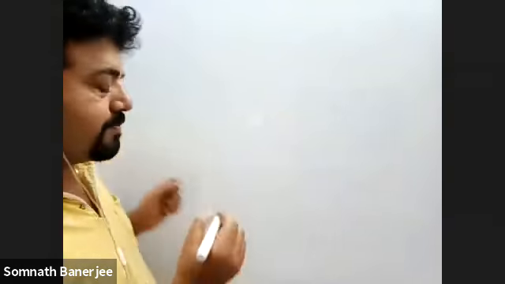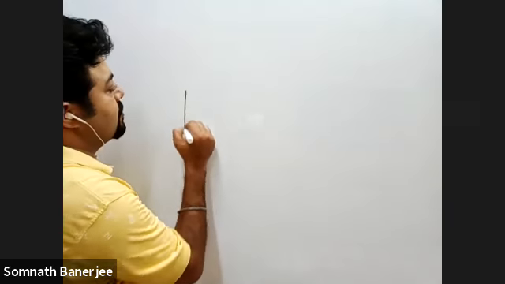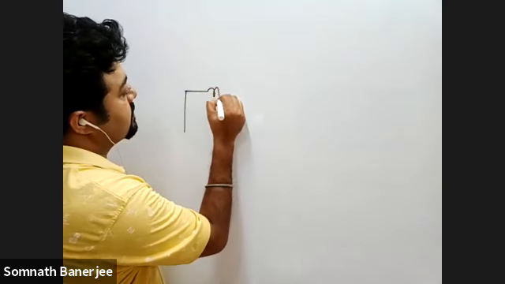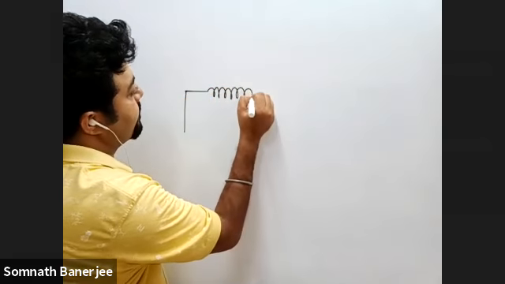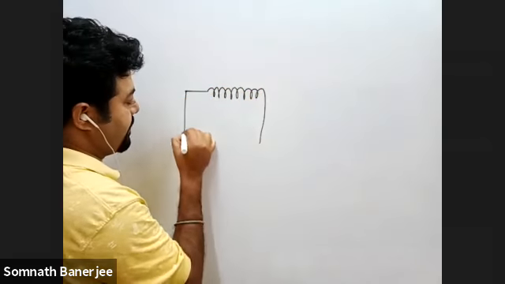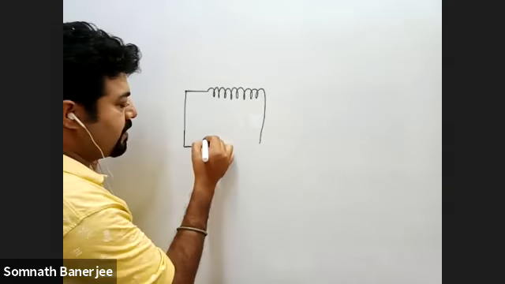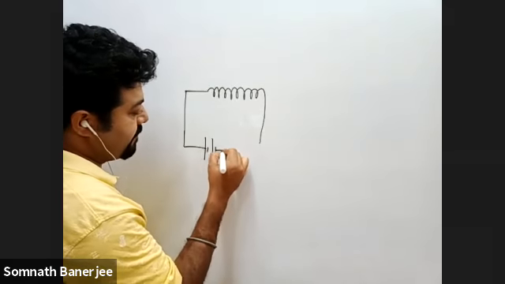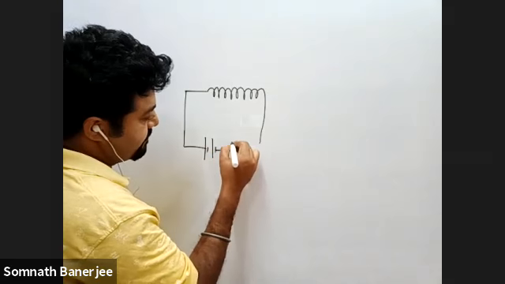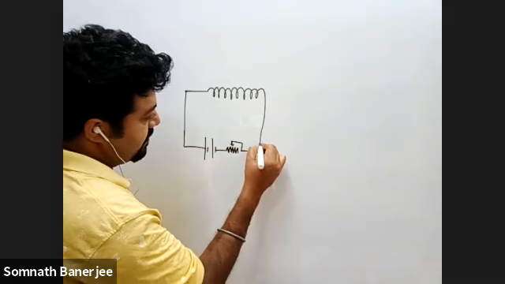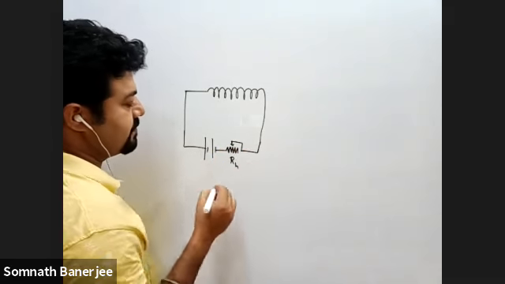Okay, so suppose we have two coils like this. This one is one coil, and we put an EMF with some rheostat.